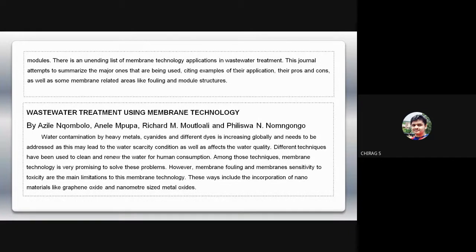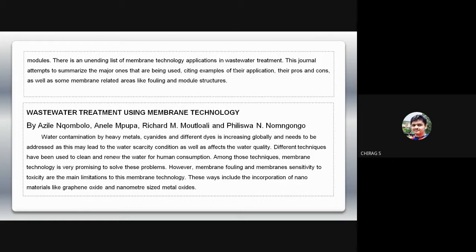So, the second main journal which we have gone through is the wastewater treatment using membrane technology. This was by Azile Ngonbi and Anele Pupa, Richard M. Moutlawley, and Philiswa N. Nomgongo. Water contamination by heavy metals, cyanides, and different dyes is increasing globally, and this needs to be addressed as this may lead to the water scarcity condition.